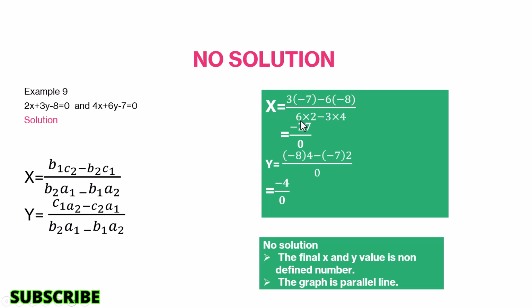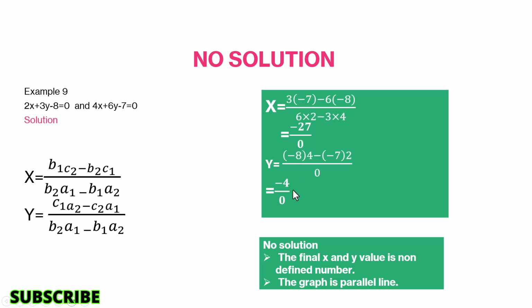For the denominator, b2 is equal to 6, a1 is equal to 2, minus b1 is equal to 3, and a2 is equal to 4. So we get minus 27 by 0, division by 0. Here y is equal to minus 4 by 0. So there is no solution, as the denominator is 0.